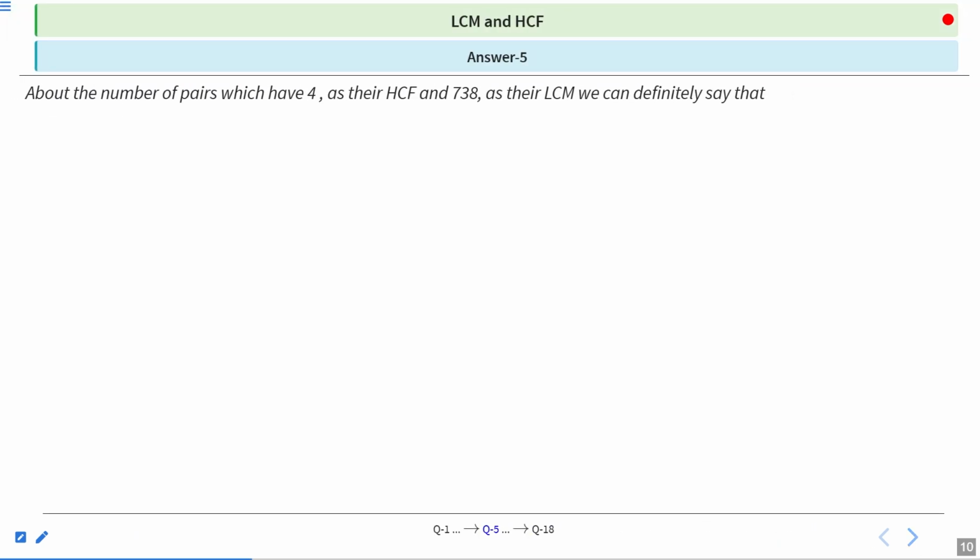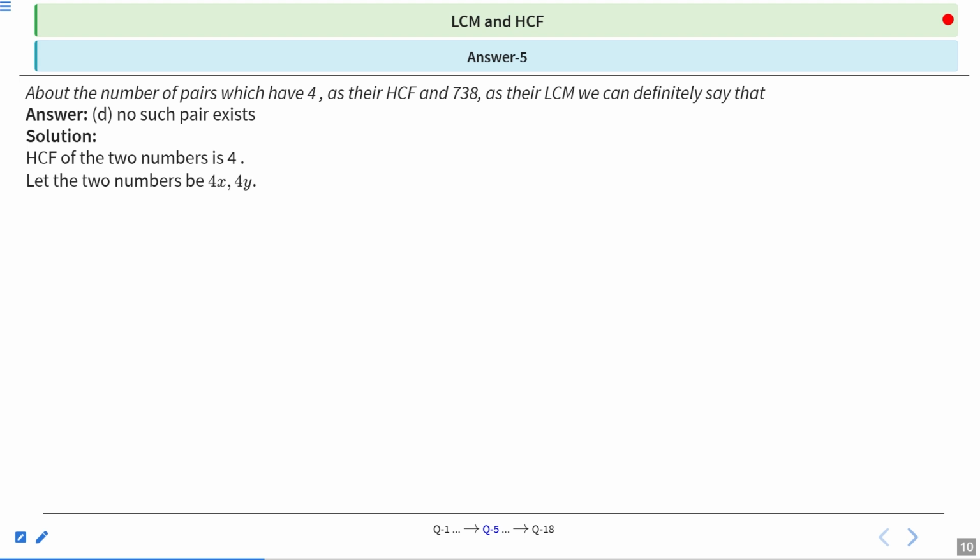So we have to find how many such pairs exist which have 4 as HCF and 738 as their LCM. The answer is option D, no such pair exists. Now let's have a look at the solution. HCF was given, that is 4, and LCM was 738.